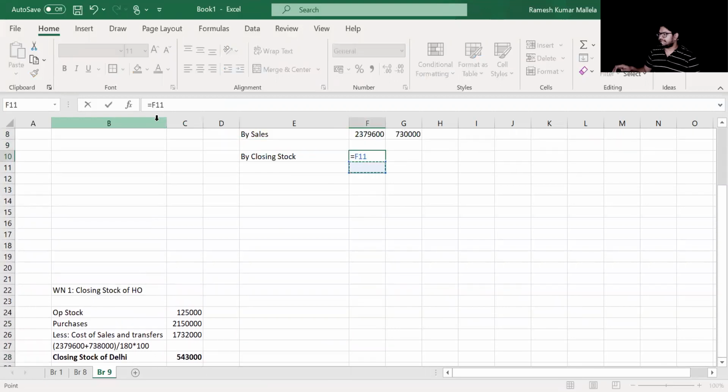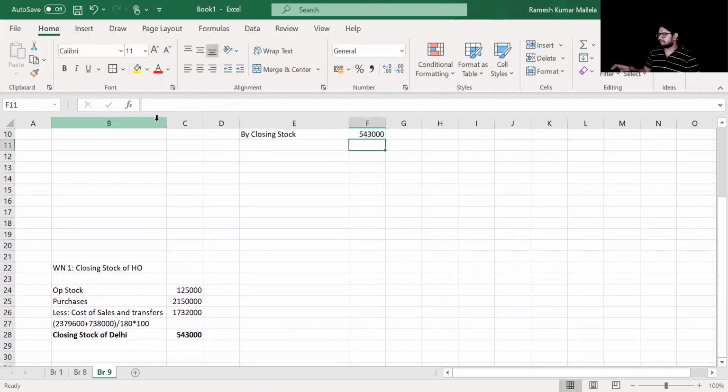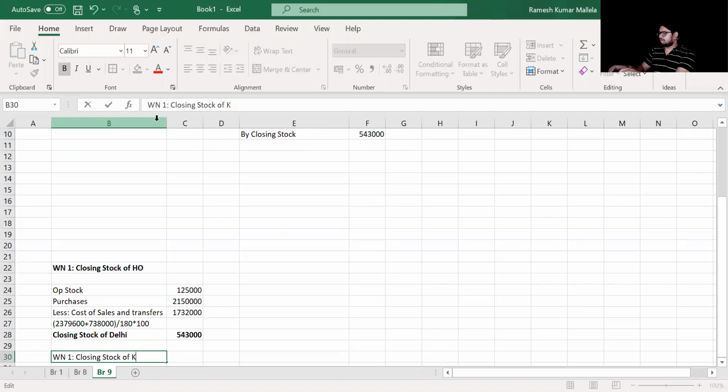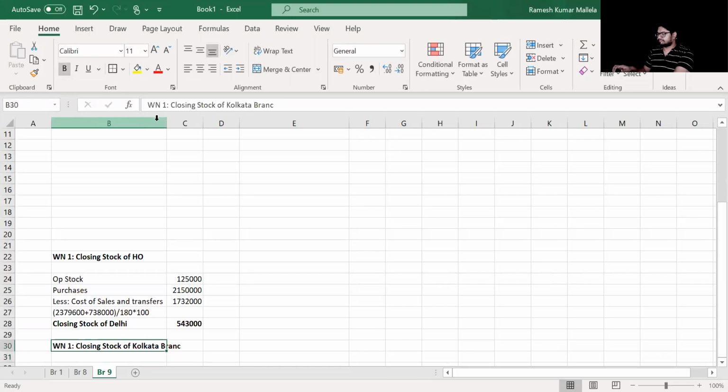So here you can link it up now. 5,43,000 is closing stock of Delhi. Same way, let us do another working note for closing stock of Kolkata branch. Okay. Second working note, this is. So let us do it for Kolkata branch.